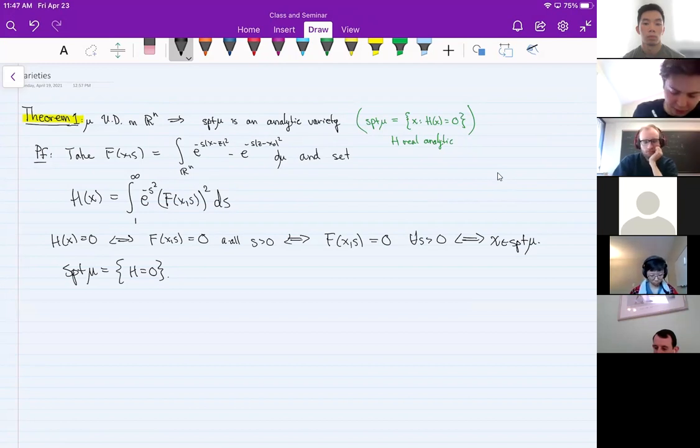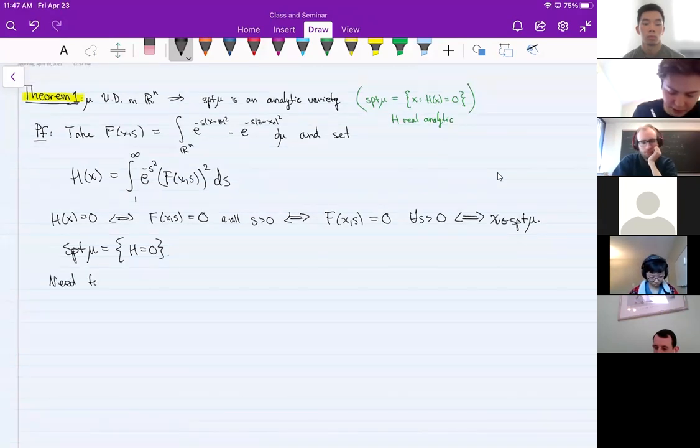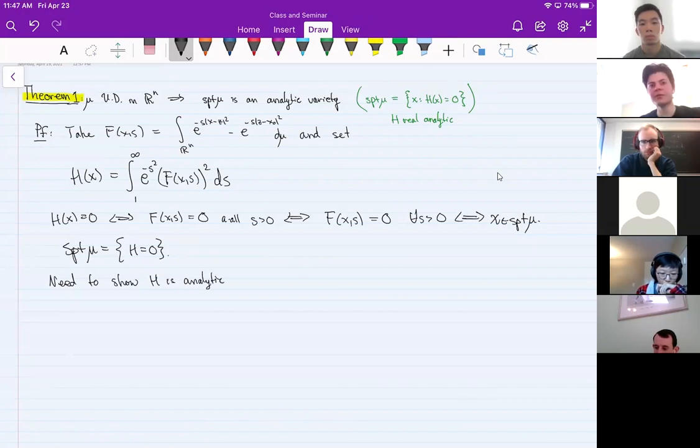Okay, and so now we need to show h is analytic. So in order to do that, really we're going to define a complex extension.